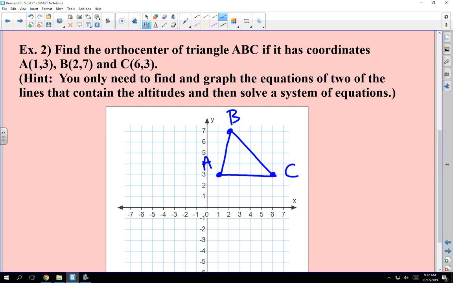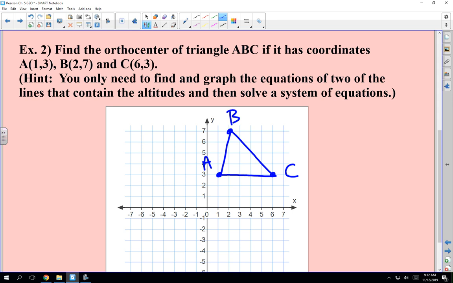And here's what they're asking us to do. This is pretty cool. They're asking us to find and graph the equations of two of the lines that contain the altitudes and then solve a system of equations. So what we're going to be doing is finding the equation of a line from A over to BC, and it's got to hit at a right angle.